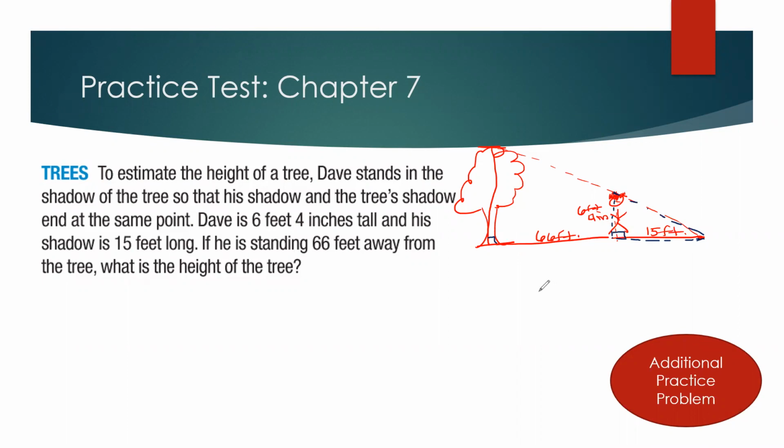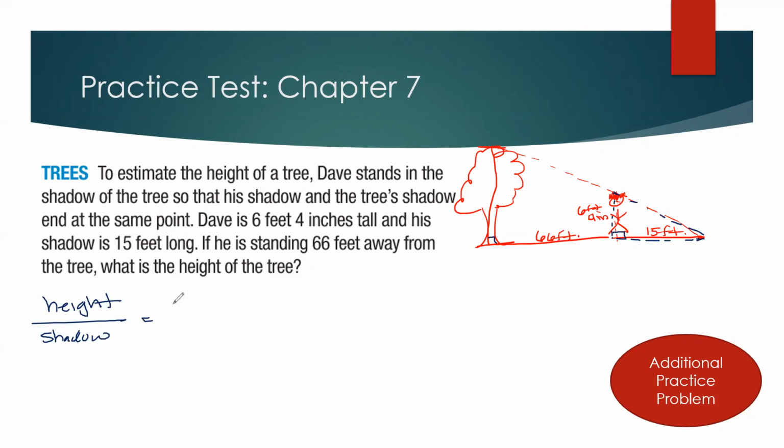So the lengths of their sides are going to be proportional to each other, okay? So we're comparing his height to the length of the shadow, okay?